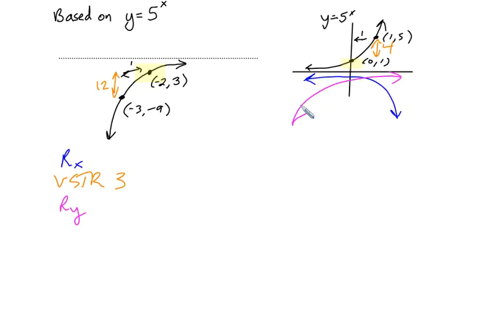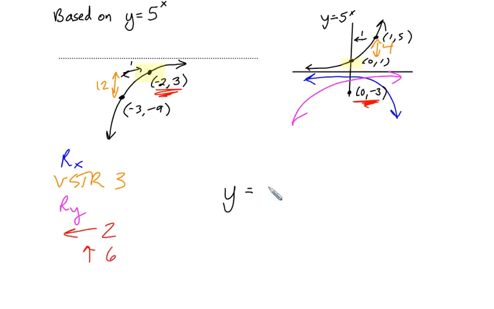So once we take the point 0, 1, reflect it across the x-axis and vertically stretch it by 3, it's going to end up at 0, negative 3. Reflecting across the y-axis has no bearing on that point. So how do we go from 0, negative 3 to negative 2, positive 3? Well, we have to move it to the left 2, and then we have to move up 6.